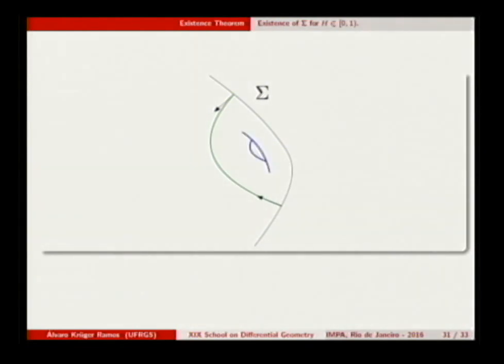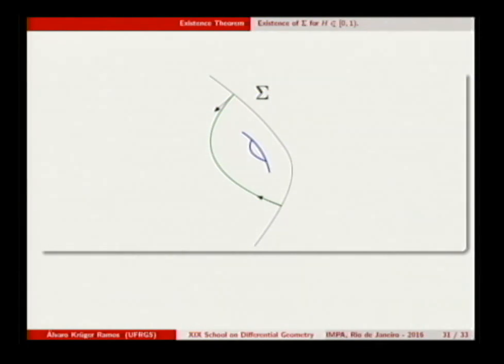So the first thing is, if this is the setting, you can find the minimal length here. So you have a geodesic arc which is perpendicular to sigma here and here. And since sigma is totally geodesic, you have a geodesic arc of the ambient space inside sigma, which joins these two points. And this curve has to bound ambient genus.